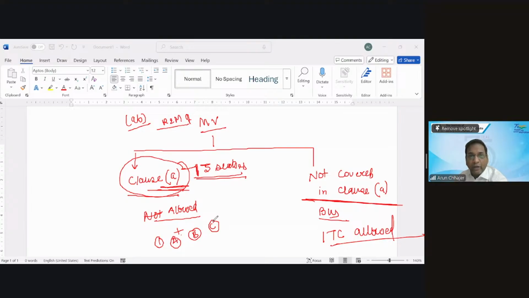Correct? For example, I have purchased a car up to 13-seater and I am using that car for training purpose. Will the ITC of repair and maintenance be allowed?